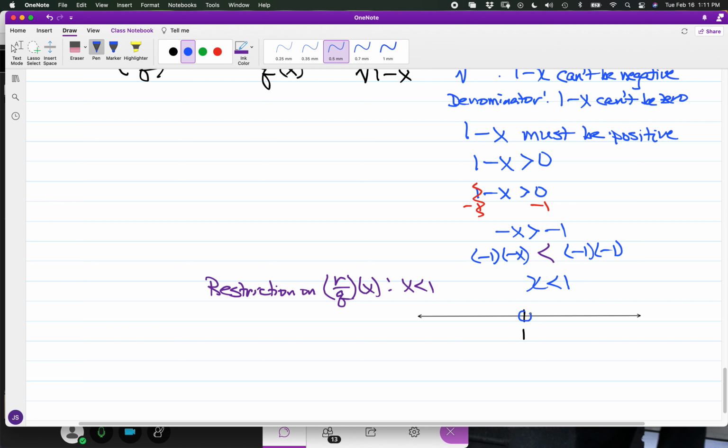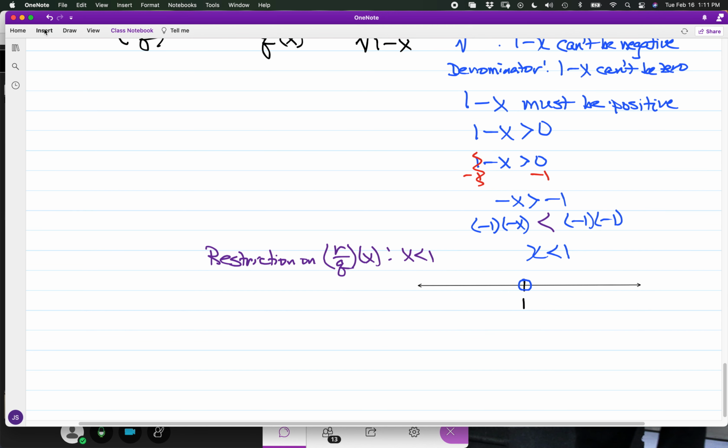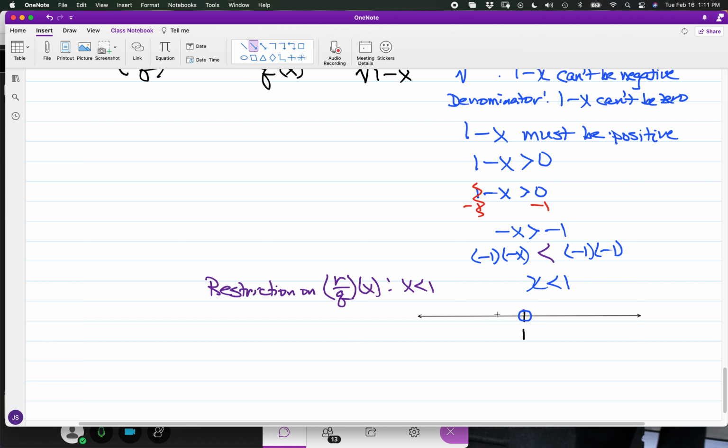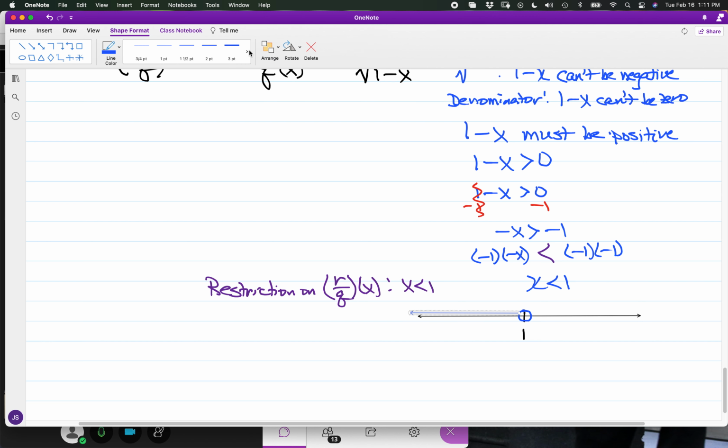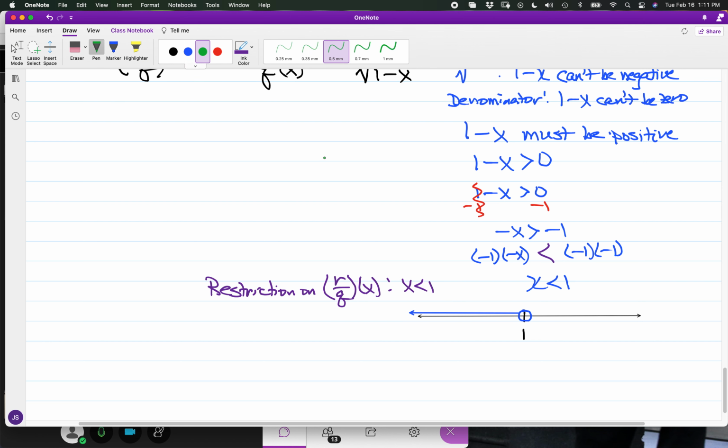So here you have a hole on 1, and a ray that's going to go to the left, approaching negative infinity.